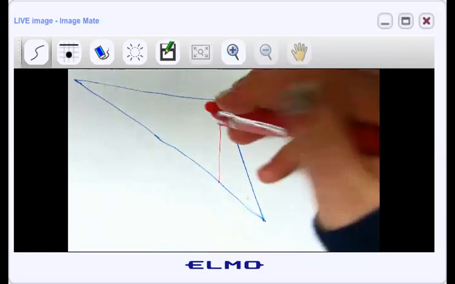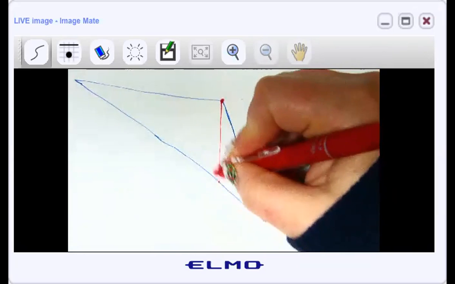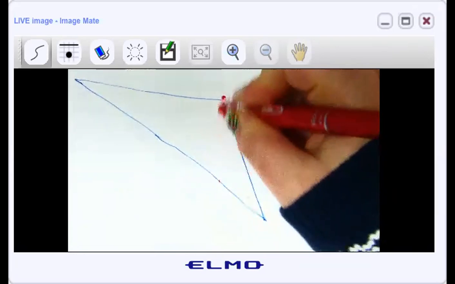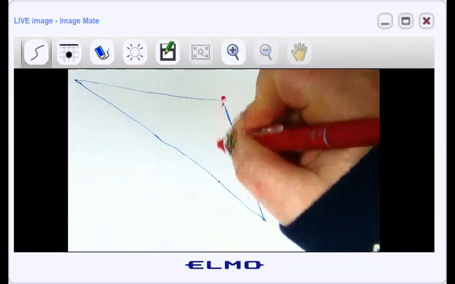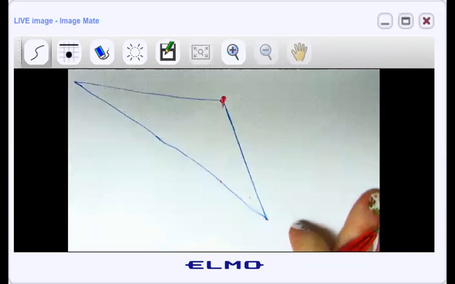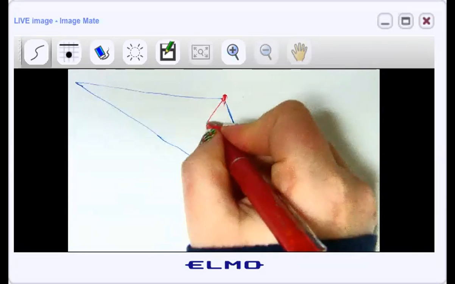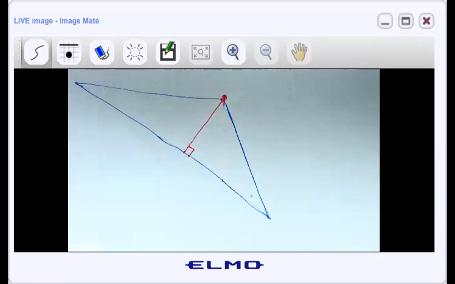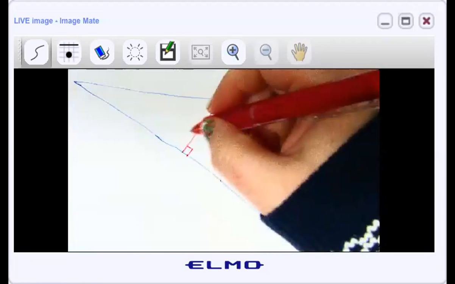You drop it perpendicularly to the other side. So in this case, it's going to look like this. If I'm starting here and I want to be perpendicular to this side, it's going to drop like that. So I make the 90-degree angle there. Okay.